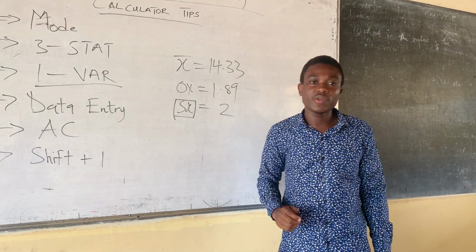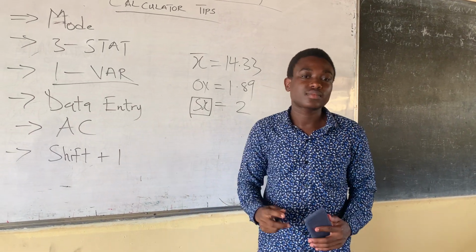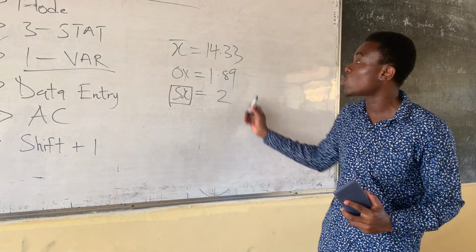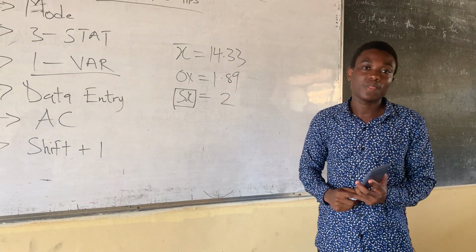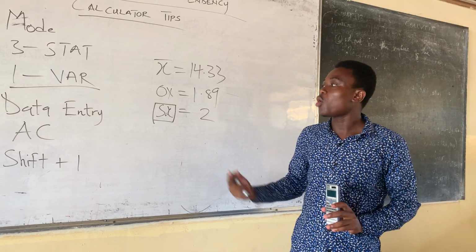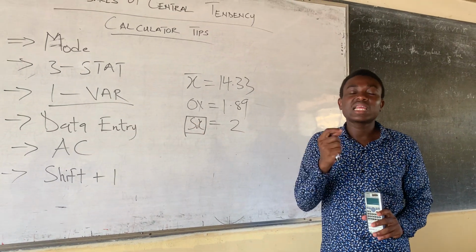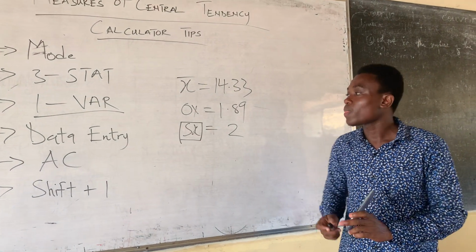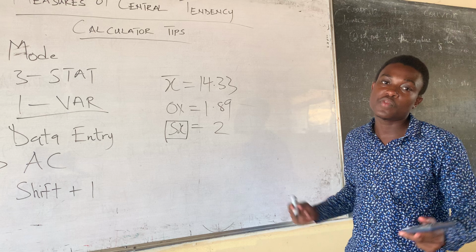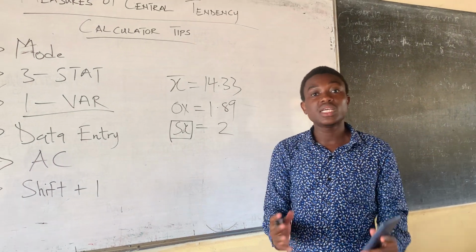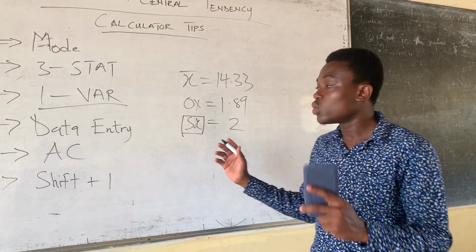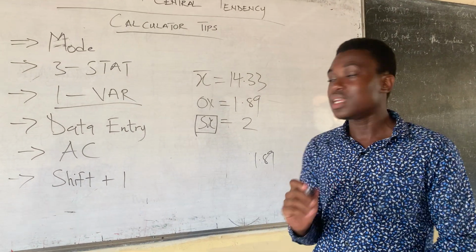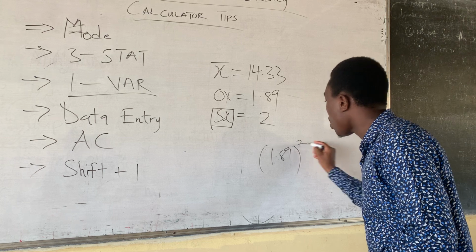Now let's look at variance. Already we know that to get the variance, we get it by simply squaring our standard deviation. So on the calculator there is no option for variance, but anytime you need to solve for the variance, you need to solve for a standard deviation first, and then you use that value to solve for a variance. So if you want to find the population variance in this case, it will be 1.89, which is the population standard deviation, all squared.